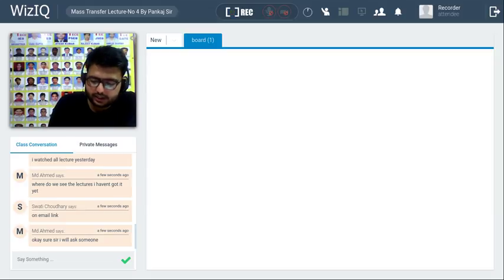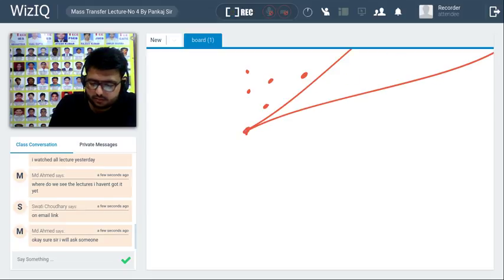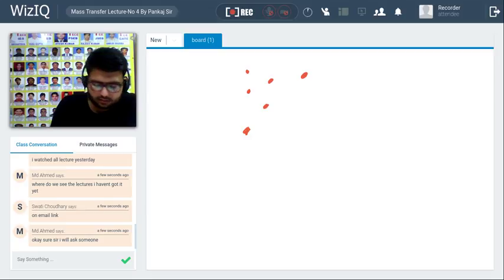Let this be a mixture of A, this is A, and B, green color.